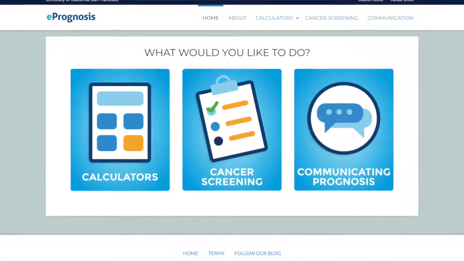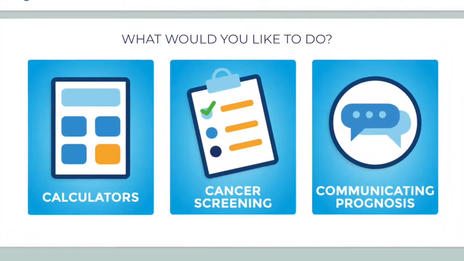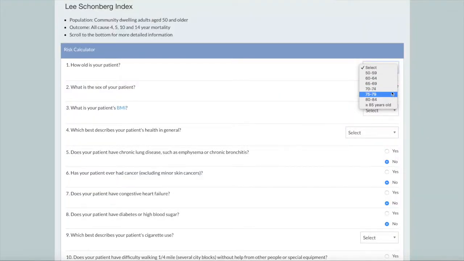So what is E-Prognosis? E-Prognosis is an online compendium of prognostic calculators. It's designed for clinicians to use. All of these calculators are publicly available, published in journals, and yet languishing for the most part and not used. So we realized, if we make these easy to use for clinicians, then maybe they'll start using them in clinical care. They're easy to use drop-down menus.